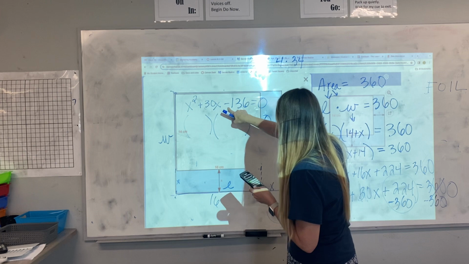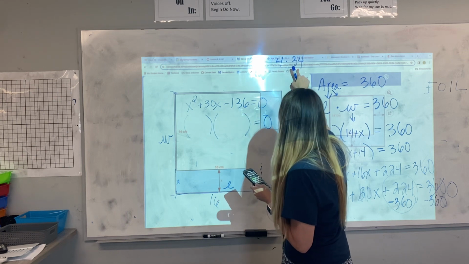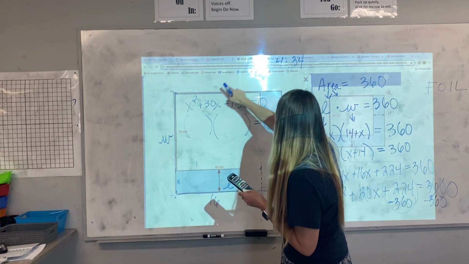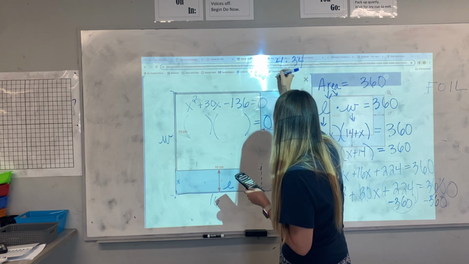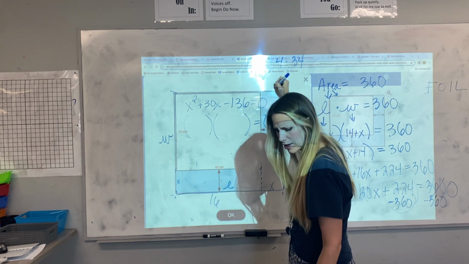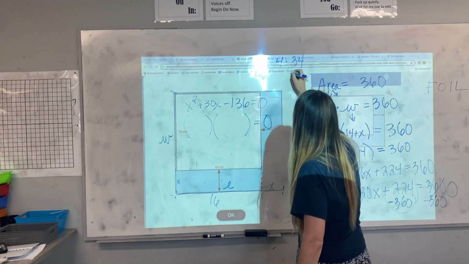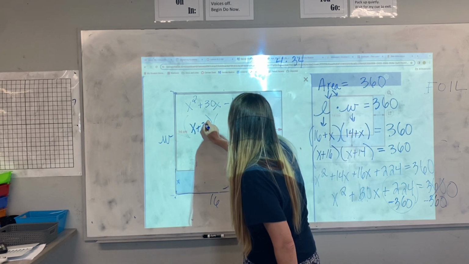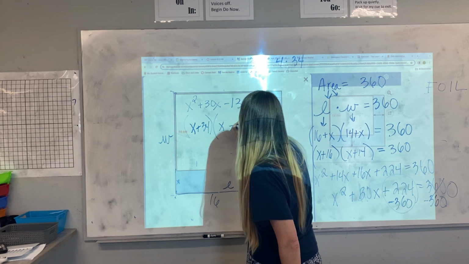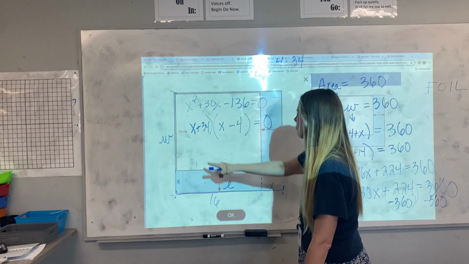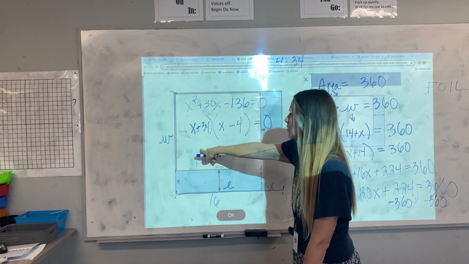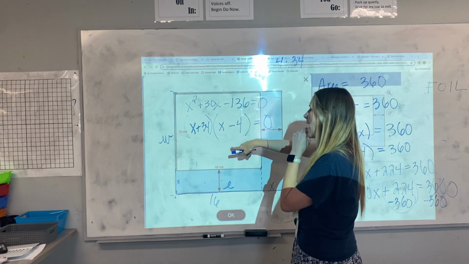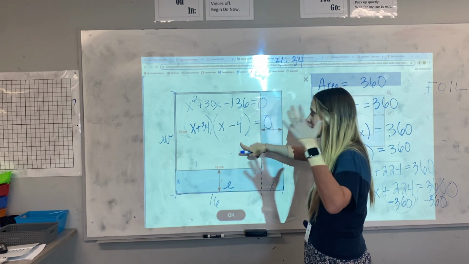To make it negative, one of these has to be negative. To make this positive, it's the 34 that has to be positive and the 4 that has to be negative. That is so confusing. Okay, so we would have x plus 34 times x minus 4. Set both of those equal to 0, you'll get x equals negative 34, x equals positive 4. But here's the kicker.